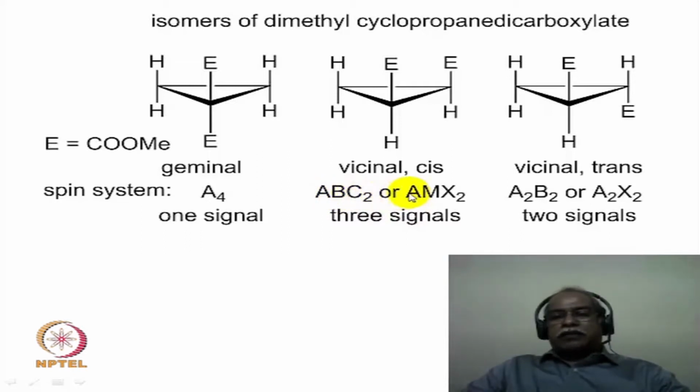If the chemical shift differences are very large, then you would call it an AMX system, using letters that are far apart in the alphabet compared to the ABC system. So this would give 4 signals: 1 signal from the methyl group of the ester, 1 signal from the 2 hydrogens connected to the ester carbon, and the CH2 whose 2 hydrogens are different from each other. So this would give 4 signals, including the ester signal.